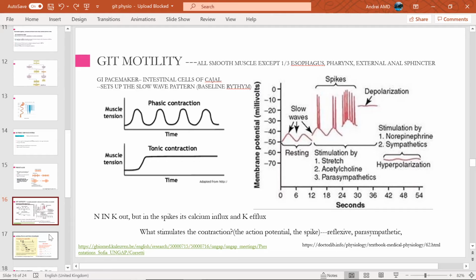Okay, and this one, the migrating motor complex. This is a word that you should remember. Basically, when you're hungry or haven't eaten in a while, your gut has its own peristaltic movement from the stomach all the way to the jejunum, or maybe to the colon as well.